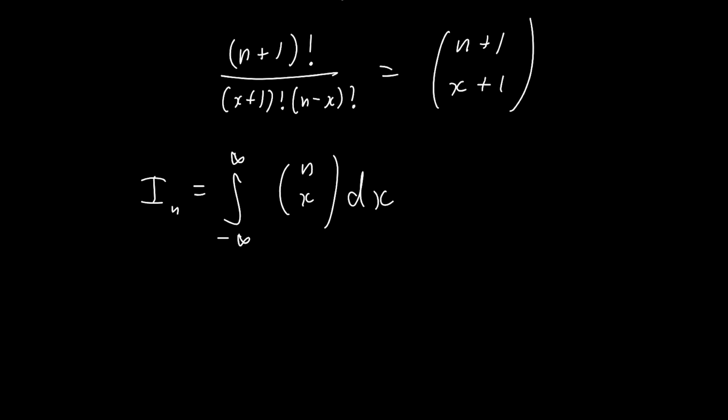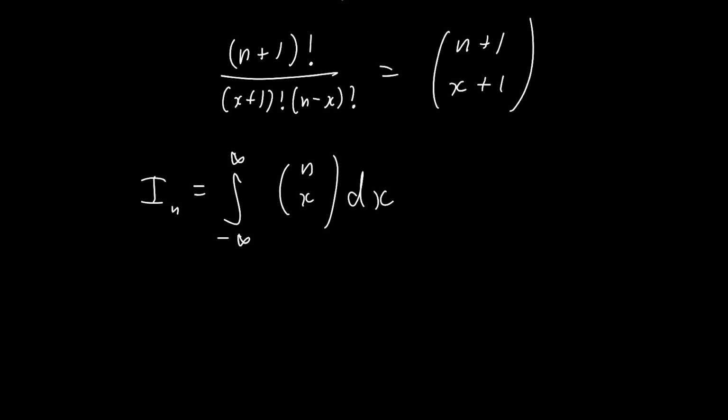Now, interestingly, if we make this x plus 1, this is essentially the same as just shifting the integral to the left by 1, right? But since we're integrating between negative infinity and infinity, that translation isn't going to matter, and it's not going to affect the actual result of the integral.